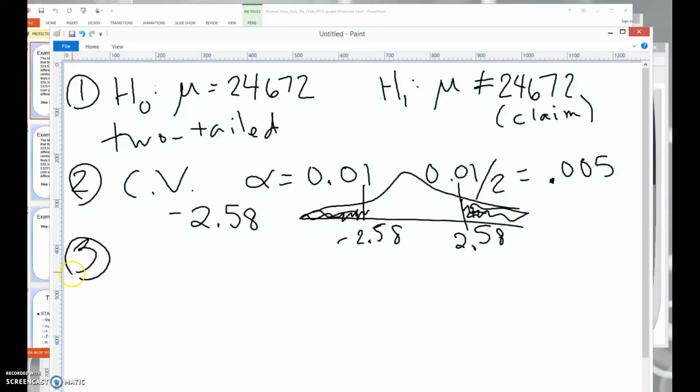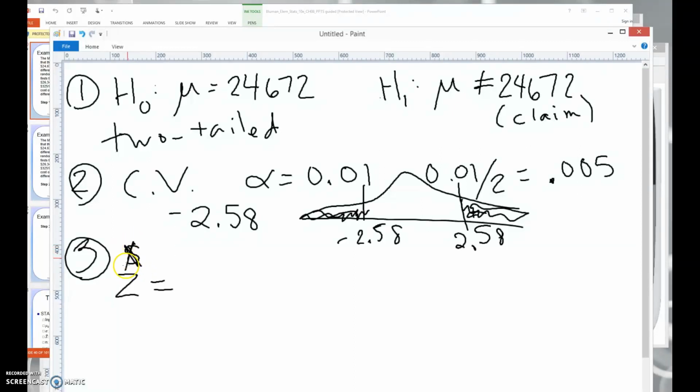Now step 3 says we need to find our test value. Because we're working with the situation where we know the standard deviation of our population, we can use our z value: the value we're trying to test, and the mean that was given of our sample.